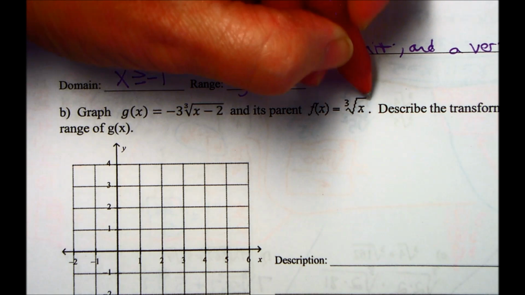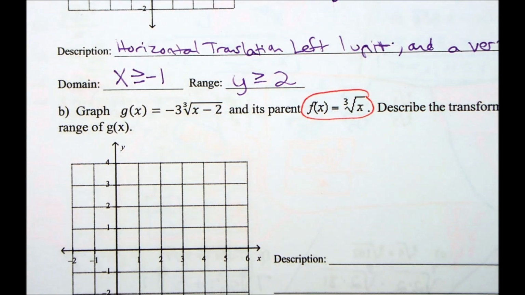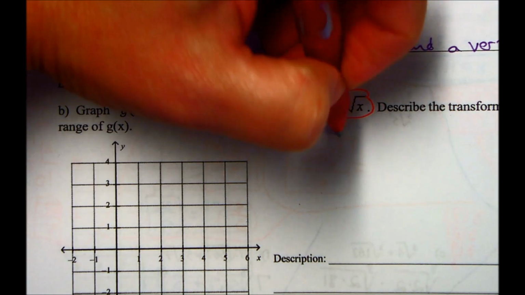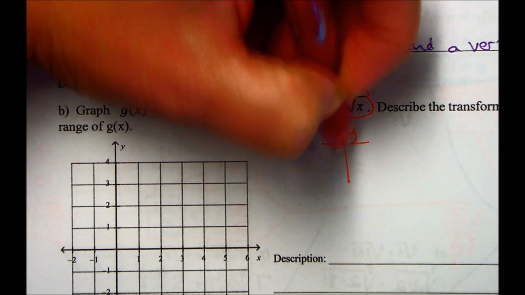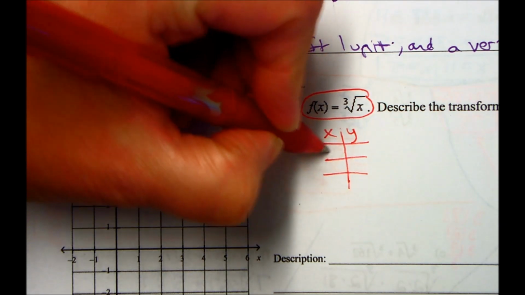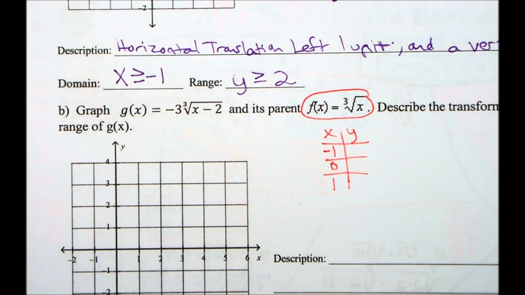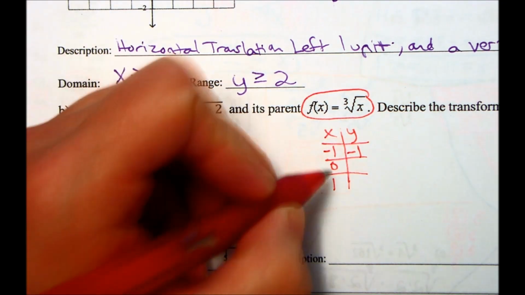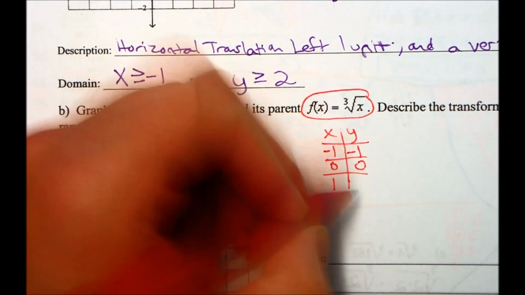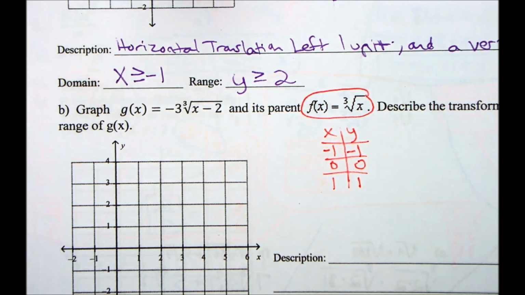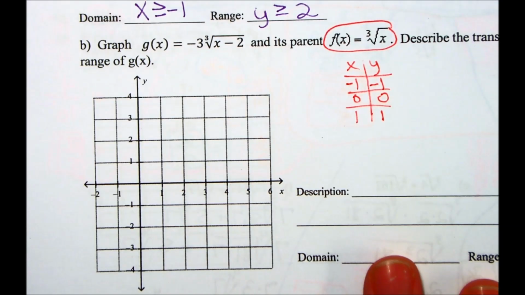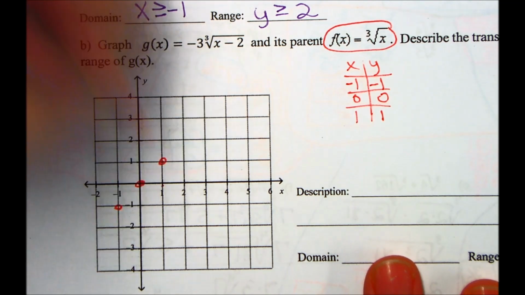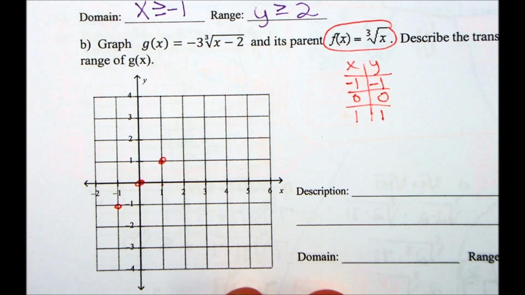So the first thing again I'm going to graph is my parent. But because it's an odd root, you can substitute the negative numbers. So when I create my parent, I'm going to substitute -1, 0, and +1. The cubed root of -1 is -1. The cubed root of 0 is 0, and the cubed root of 1 is 1. So my starting points for my cubed root are going to be -1, -1, 0, 0, +1, +1, which look like they're in a straight line.